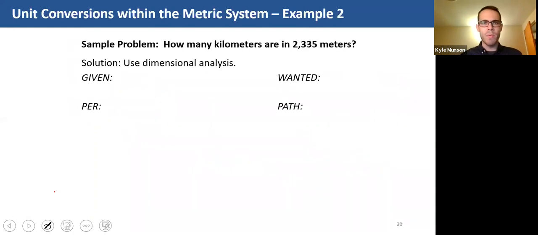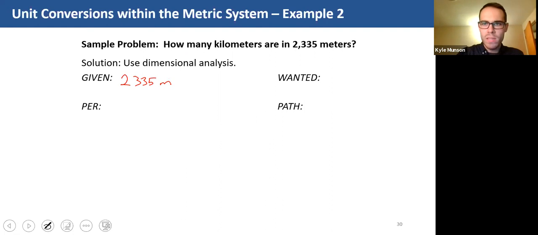Let's do another example. So pause the video, do this one on your own. How many kilometers are in 2,335 meters? So pause the video, try to do this problem. Okay, so what are we given? Well, again, 2,335 meters.